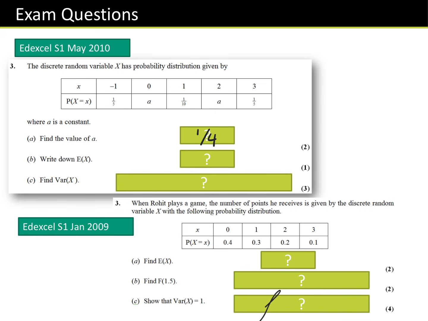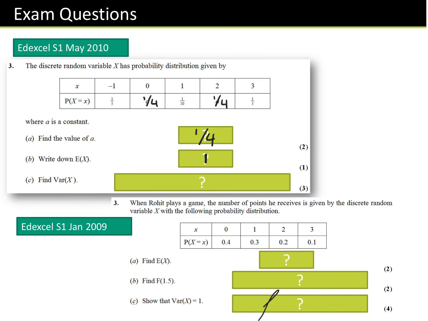It then says write down E of x, the expected value. Now, we just saw in a previous one, if we have a symmetrical distribution... Here we do have a symmetrical distribution, because on either side of the middle number we have 1 over 4 and a fifth, and here we have 1 over 4 and a fifth. So straight away, I know the answer is 1, and you can see it's given by 1 mark.